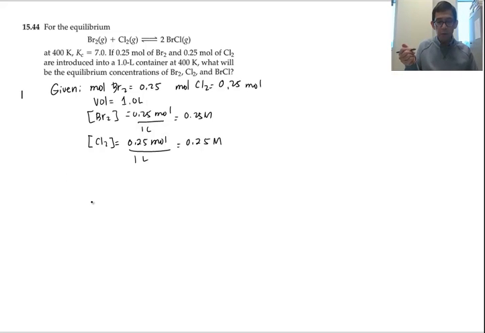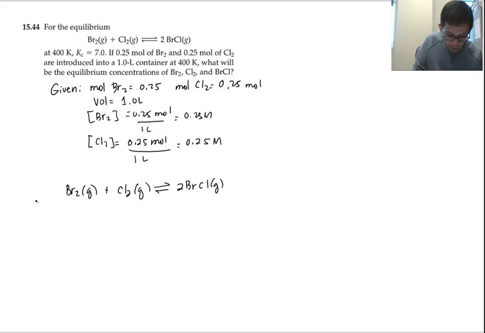Alright, so to get the equilibrium concentrations, we need to construct an ICE table. Br2 plus Cl2 to BrCl. ICE: initial, change, equilibrium.